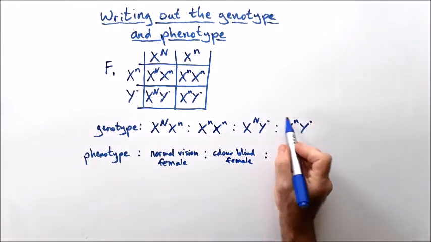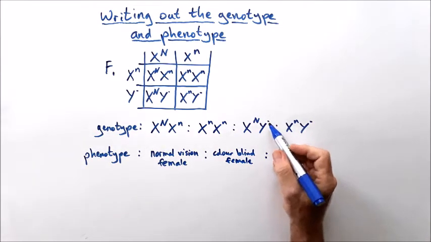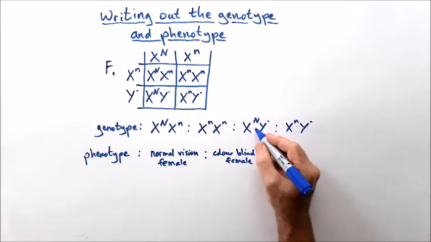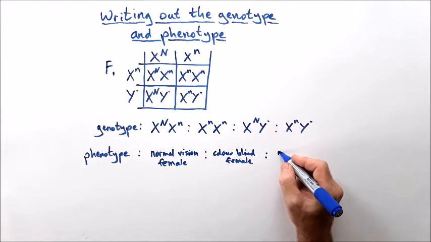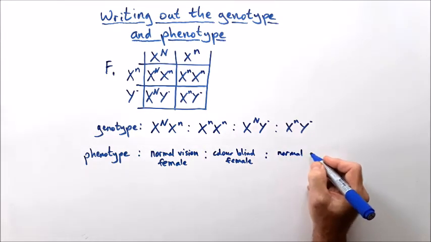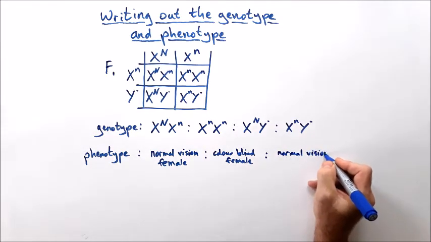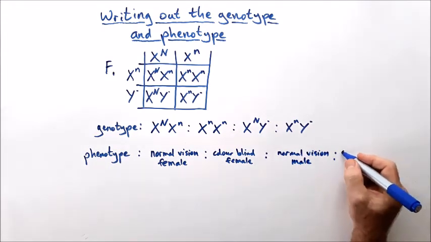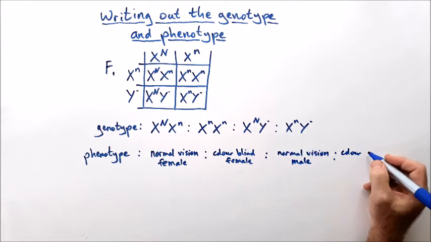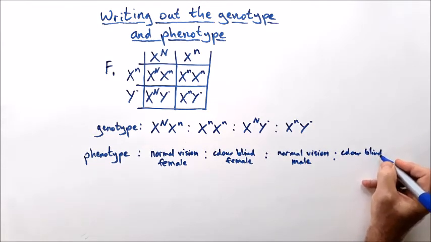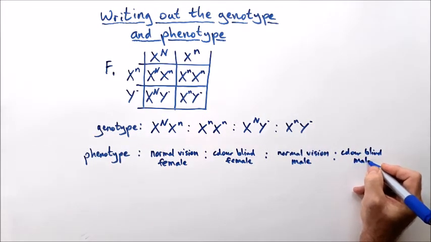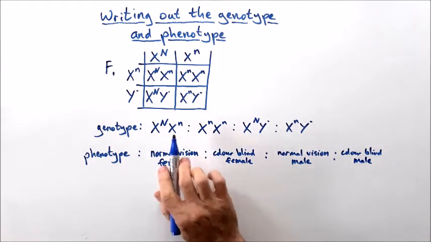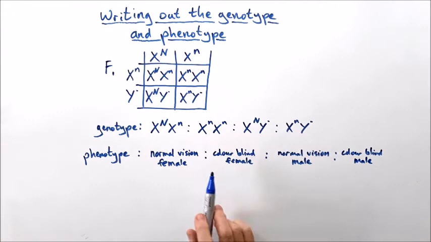is to, and now we have to consider both of those males over there. He would have normal vision, but he would be colorblind. So let's do that one first. Normal vision male and a colorblind male. And that is how you would express the phenotype of this generation.